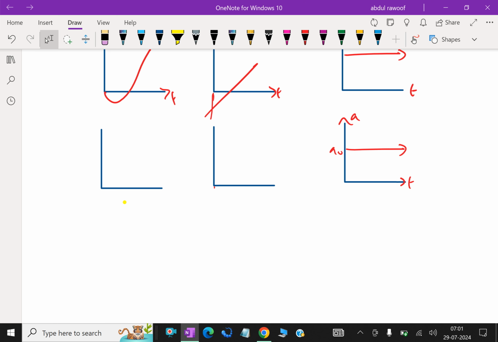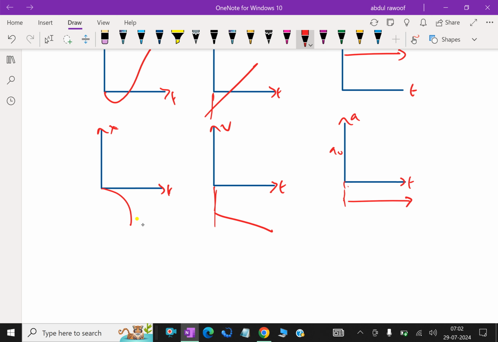Next one, the graph may be like this, this is the time, this v, this is x, this time. Here is the negative acceleration.